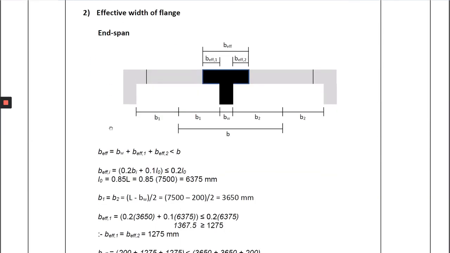For the end span, BW plus BEFF1 plus BEFF2 is less than B, so it is considered an end span.